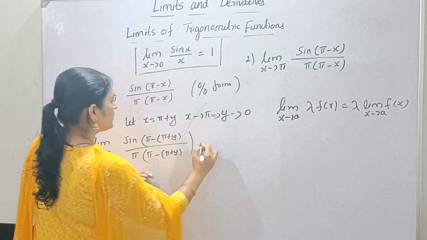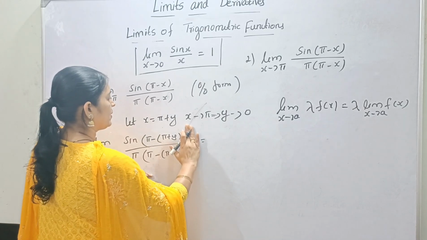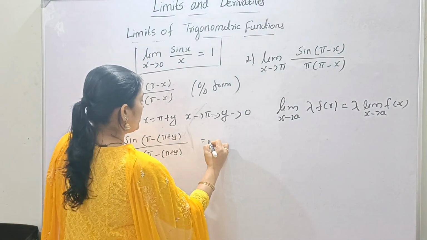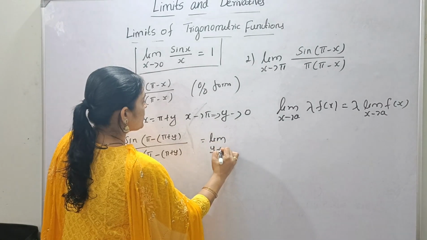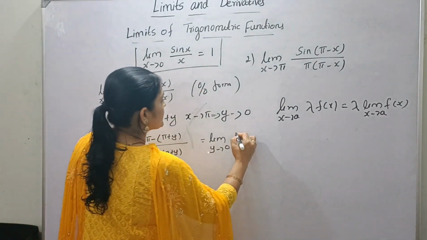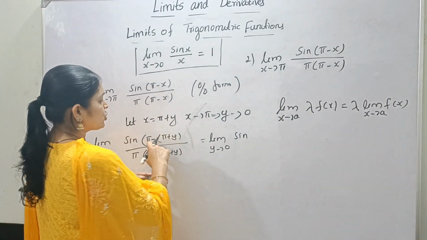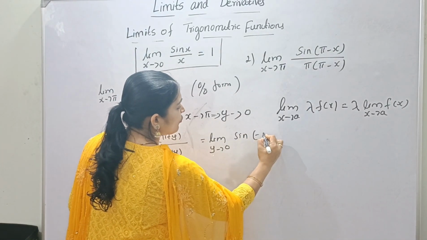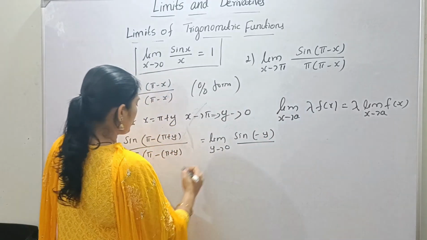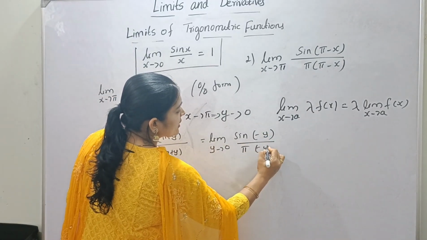That is equal to limit y tends to 0 of sine of pi minus pi, that is cancelled, so minus y, sine of minus y divided by pi into minus y.